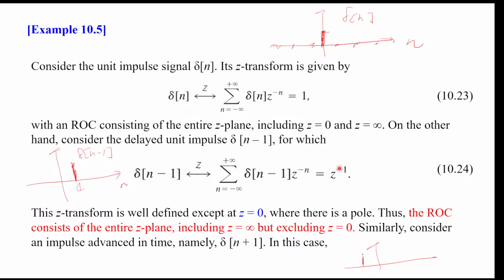This is convergent for every z except when z equals 0, because when z equals 0, we have 1 over 0 becoming infinity. At z equals 0 there is a pole. So our ROC is the entire z-plane, including infinity, but not z equal to 0.